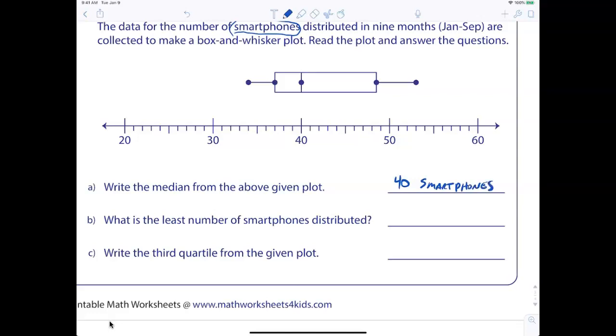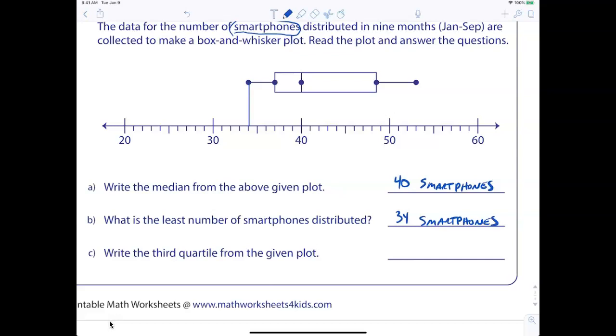What is the least number of smartphones distributed? What does that look like? 32. So again, I don't know. I'm going to draw this down, pull it straight down. 34. Yes, 34. Sorry. Don't be sorry. So that would be 34 smartphones. And the third quartile.